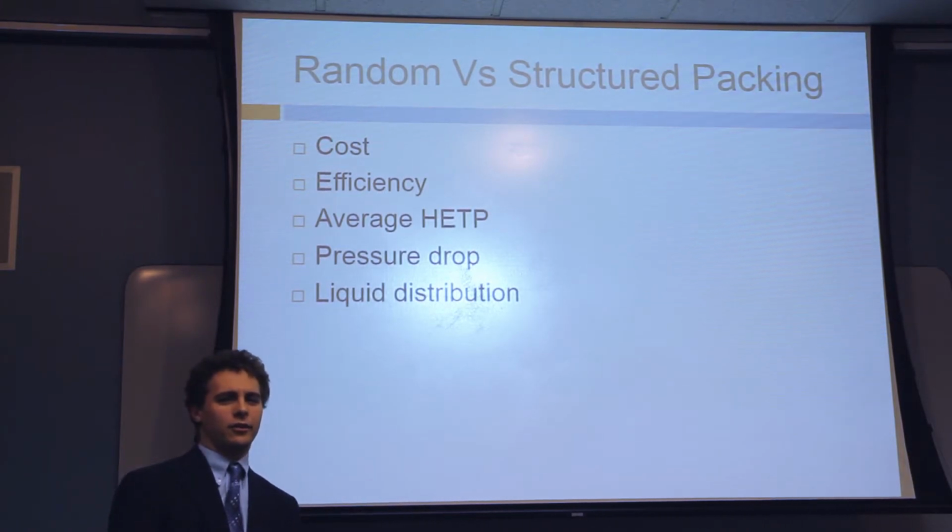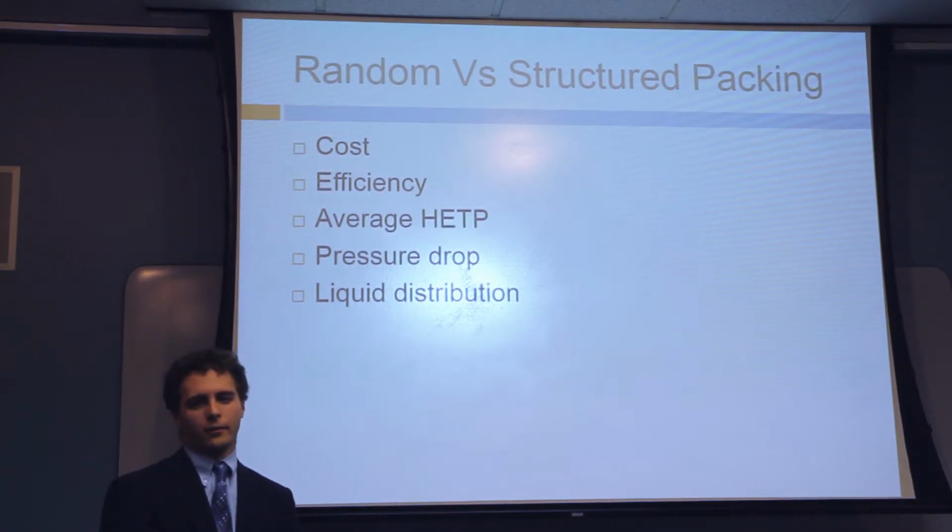Liquid distribution will be a problem for packed columns in general, but it will be a little bit less of a problem for structured packing compared to random packing, because with random packing, the orientation of the packing pieces will not always be in a predictable pattern. Next, Jesse will be discussing how to size a packed column.